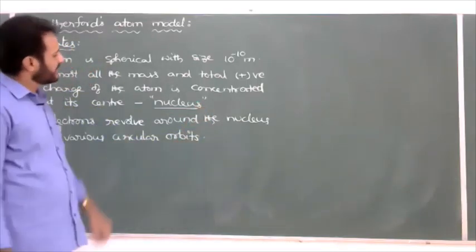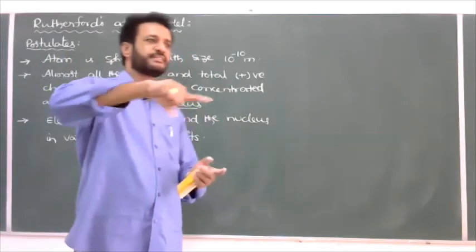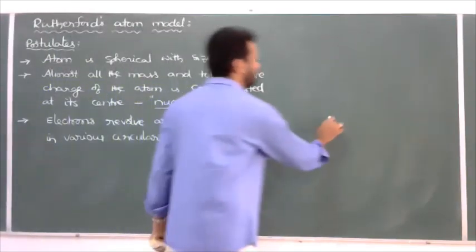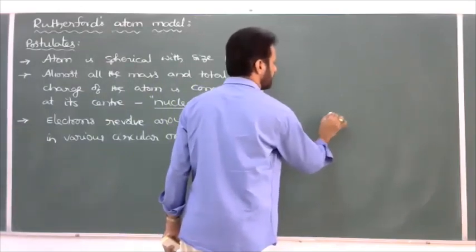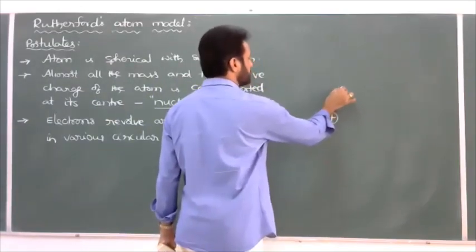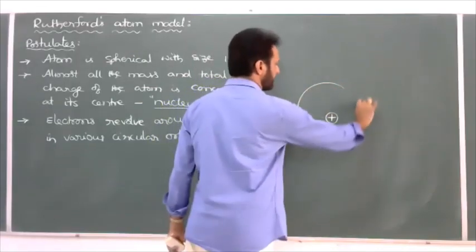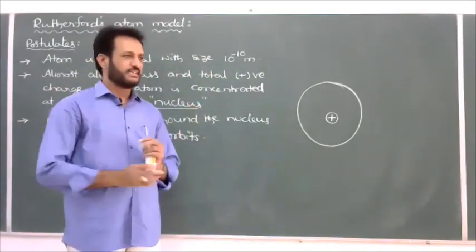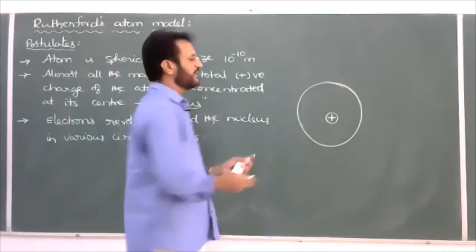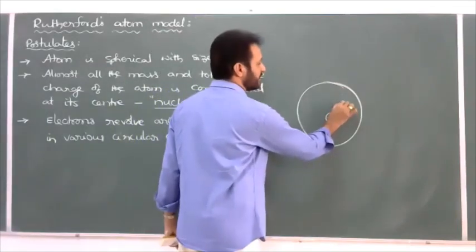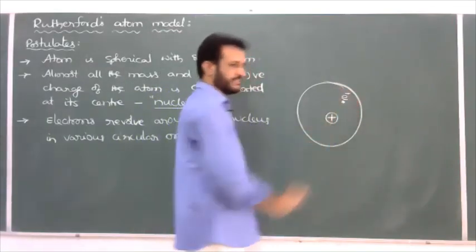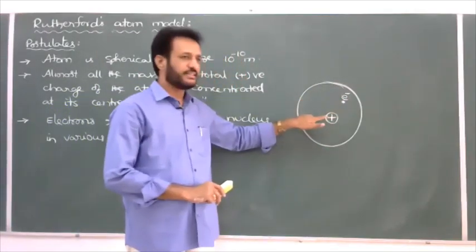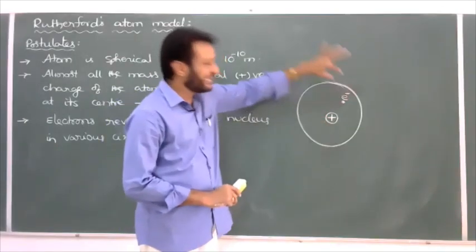And why did Rutherford think electrons move in various circular orbits? The central part of the atom, the nucleus, has almost all the mass of the atom and the total positive charge concentrated at the center. So the nucleus is the heavier part with a positive charge. If an electron were at rest, then since the electron has a negative charge and the nucleus a positive charge, it would be strongly attracted by the nucleus and may fall into it, but electrons do not fall into the nucleus.